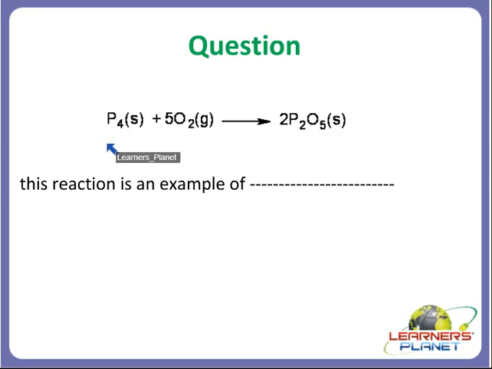Okay, I'll just write the structure of phosphorus here, though it's a bit of higher level, but still you should know. Now the structure of phosphorus is P4. It forms a tetrahedron, right?